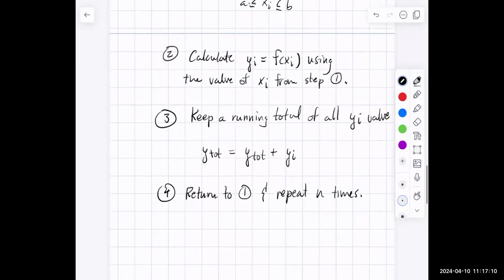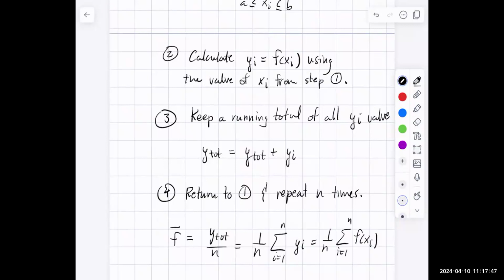Okay. When we do that, at the end of our n iterations, we're going to have some value y total, and we have n entries that contribute to that y total. We can then calculate f average is y total divided by n, and that's just equal to 1 over n times the sum from i equals 1 to n of yi, or if you'd like, f of xi. All right, so that's really easy to implement.